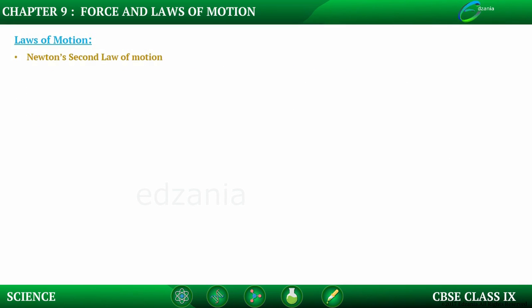Students, we have discussed that whenever an unbalanced force is applied on an object, it produces some change in its velocity. This change in velocity will also cause some change in its momentum, because momentum p is given by m into v, where m is its mass and v is the velocity of that object.